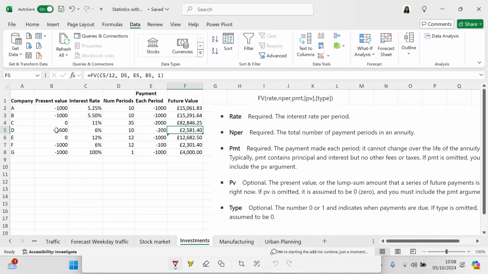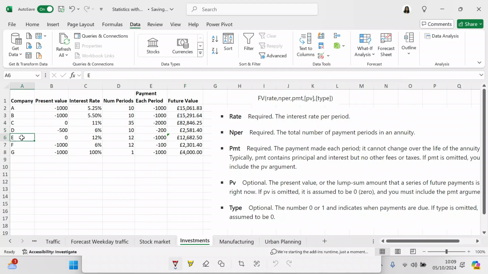So the interest rate is going to be like 0.5% each month, because it's going to have 12 periods over a year. And then it's going to be 10 periods. So the investment is not going to be an entire year. And then you're going to pay £200 each month, and it starts out with a value of £500. So that's the next one.